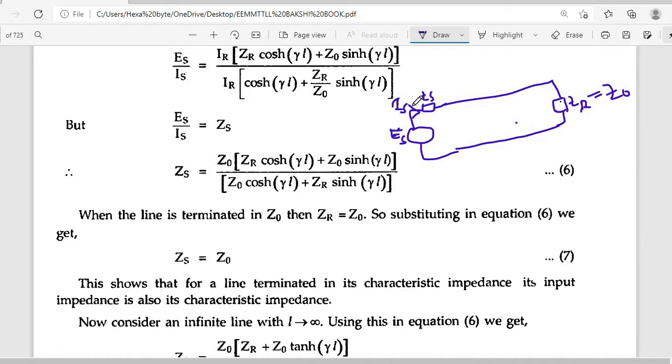This voltage by this current gives the impedance. Then impedance ZS is equal to ES by IS, at the source side.